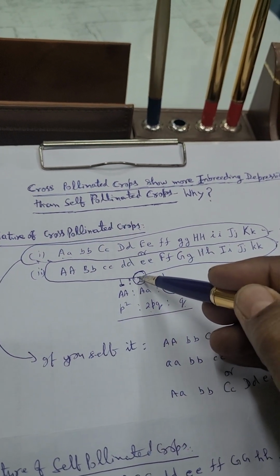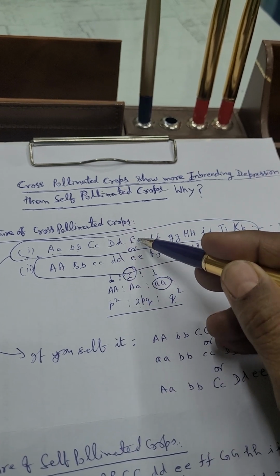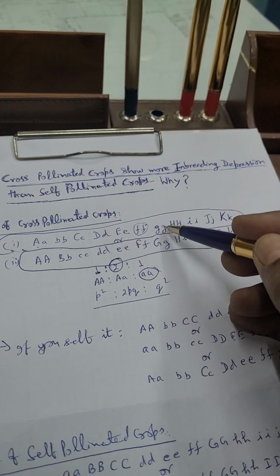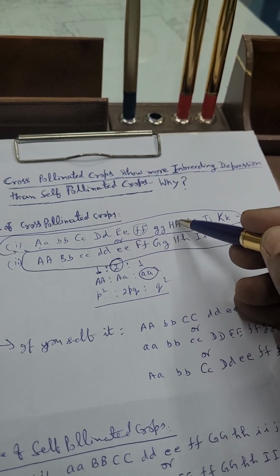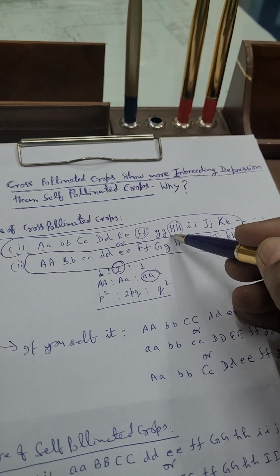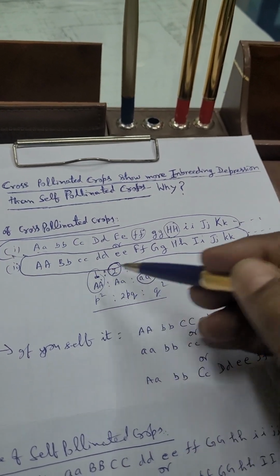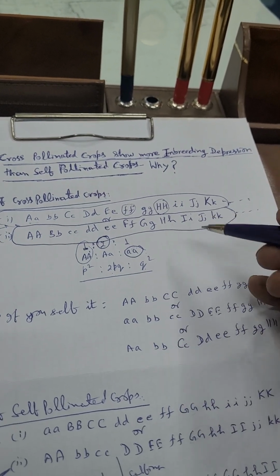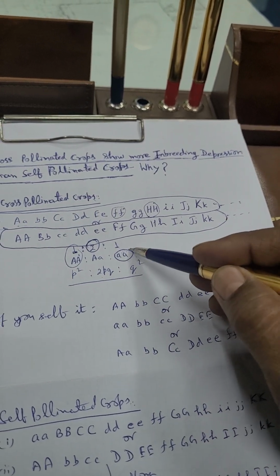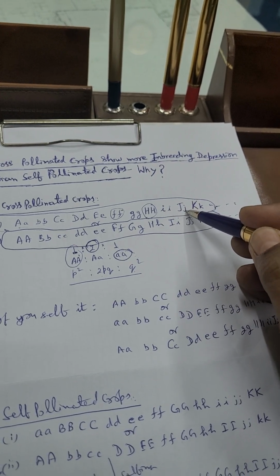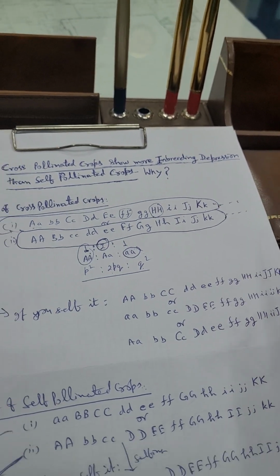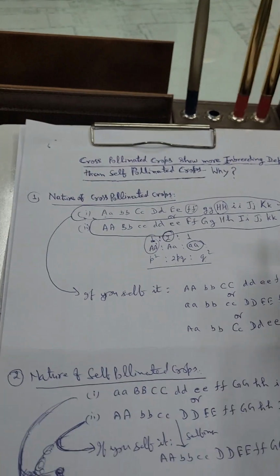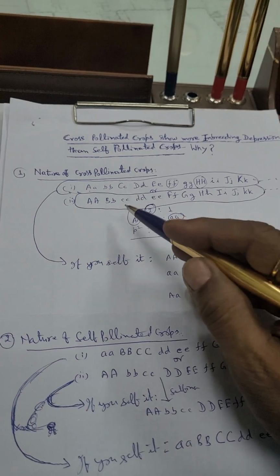Capital C, small c; capital D, small d; capital E, small e; small f and small g like this; capital H, homozygous also you will get like this. This is the genetic architecture of cross-pollinated crops. Small e, capital J, small j, capital K, small k. In this way you have the genes located in these crops.